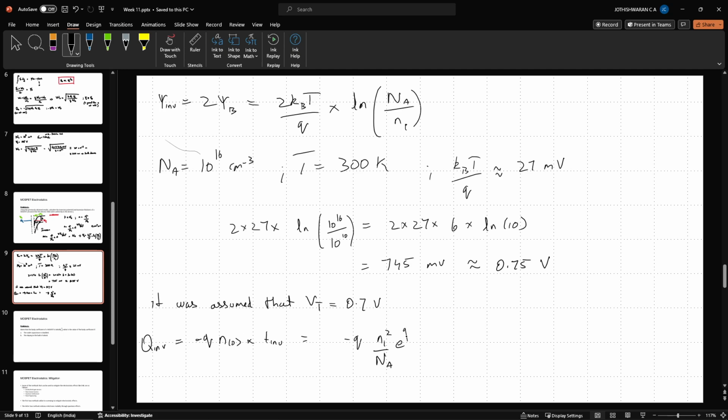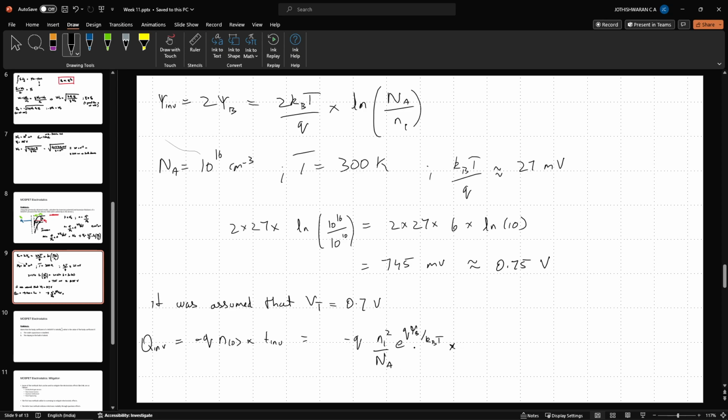So this is going to be e to the power Q times psi. Now we know that this is the inversion charge over here. Let me say that I'm increasing the voltage beyond the inversion point. Then I can just replace this by the surface potential once again, divided by kBT. Now this is the charge over here.